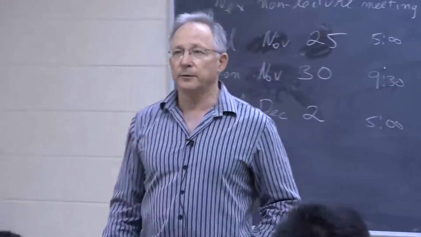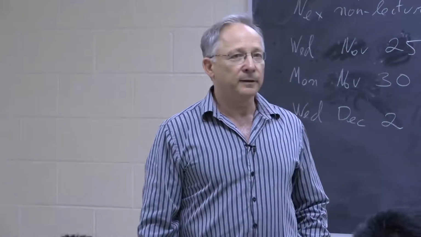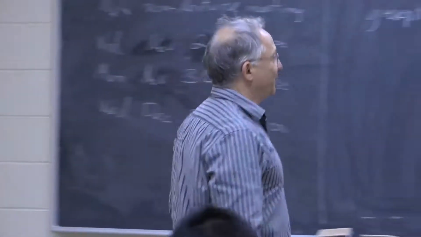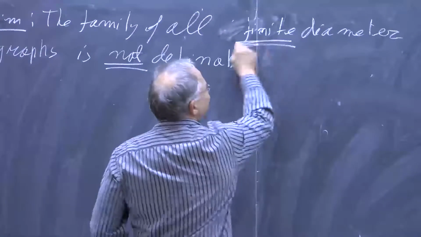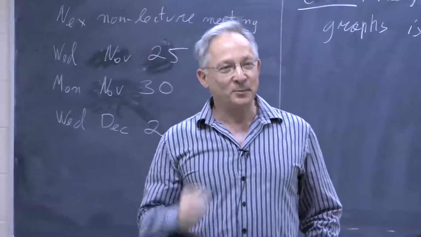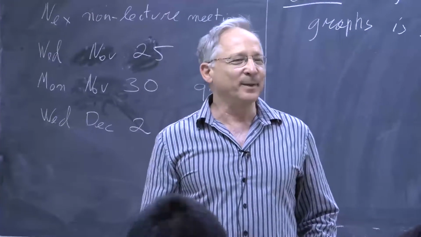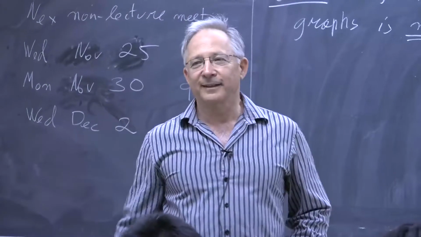So it's a very similar situation to what we saw with finite structures. Should it be finite diameter? Sorry, that's a good one. We just defined the infinite. Yeah, you're right. Okay, so this is not definable.